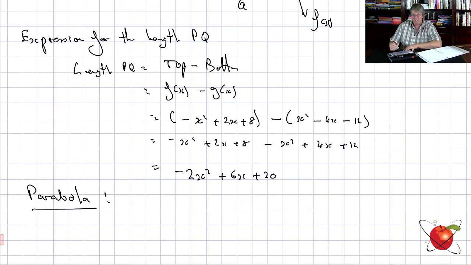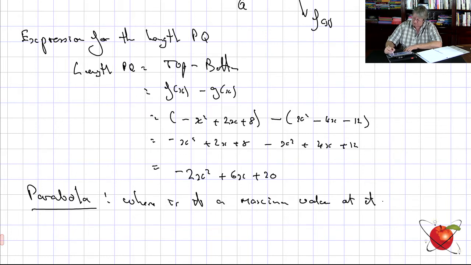And they want to know, where is it a maximum value? Where is a parabola a maximum value? At its turning point. Obviously, it's a maximum value at its turning point.